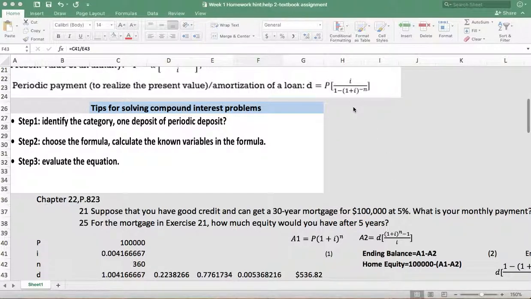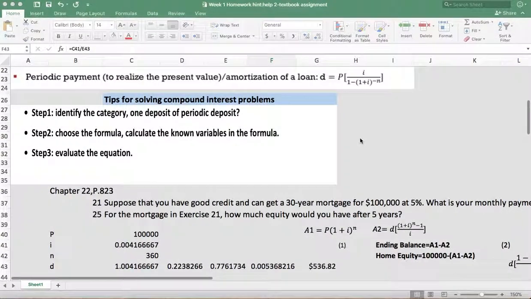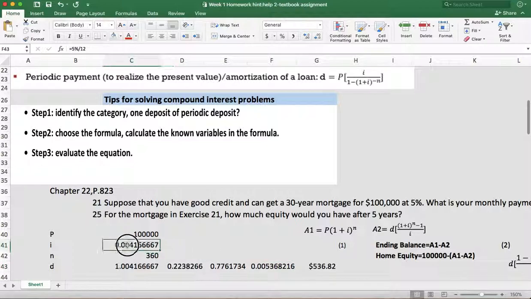Use this formula. So we need to figure out P, I, and N. P is the present value, the loan, 100,000. I is the monthly interest rate, so we need to use the nominal interest rate divided by 12 to get it.